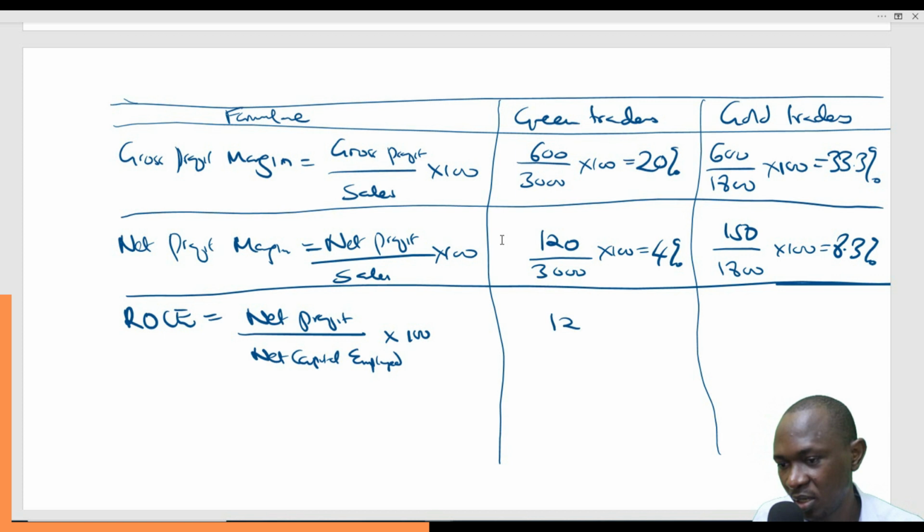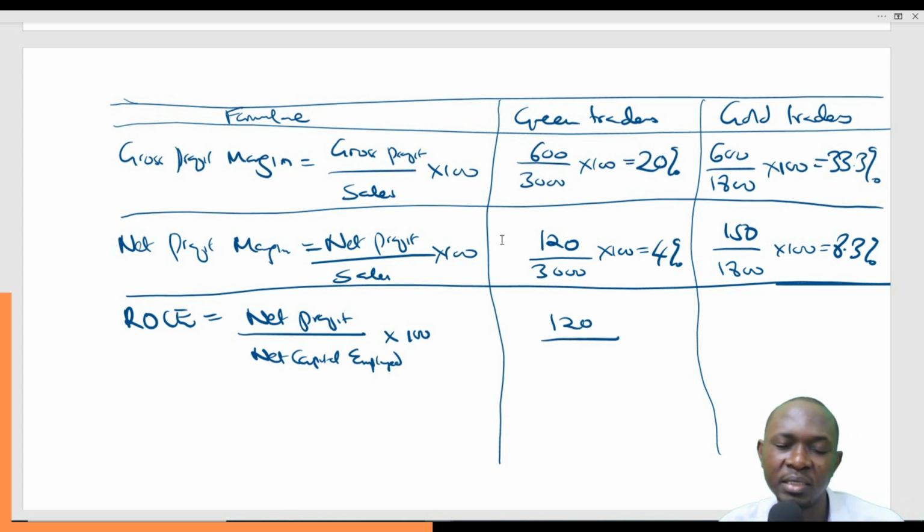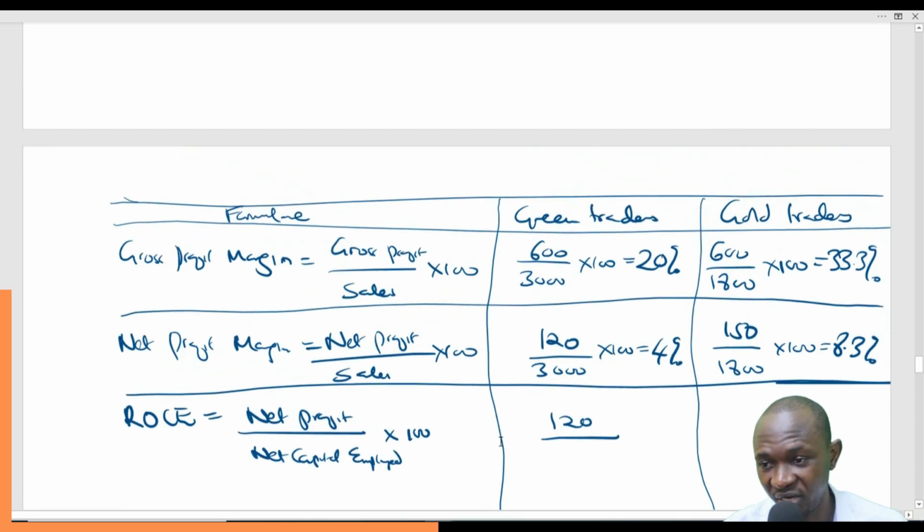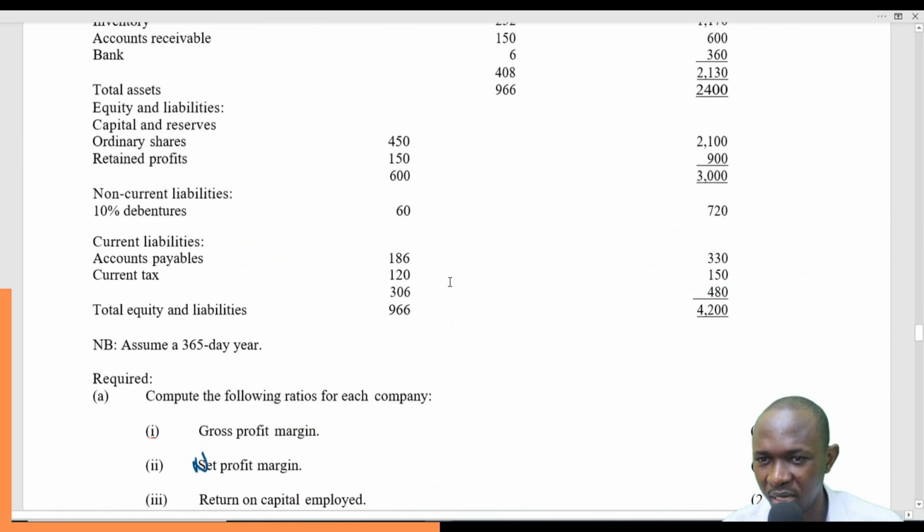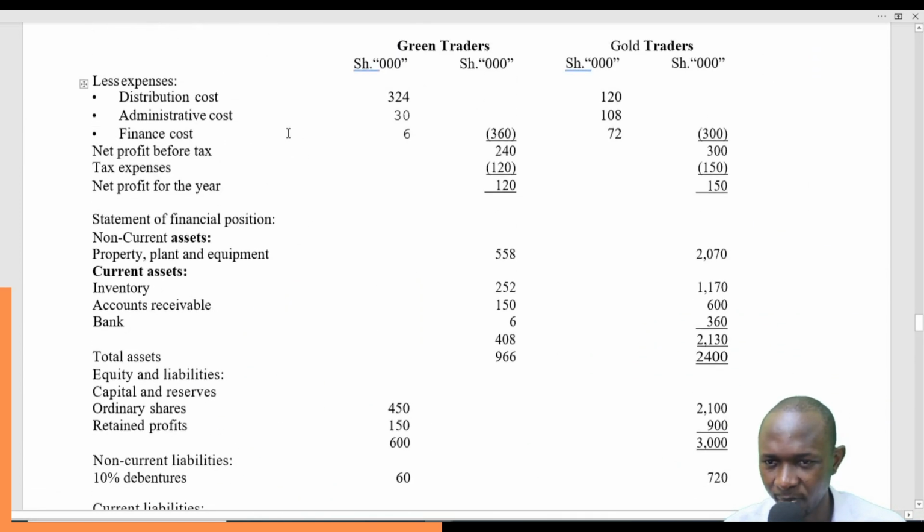So we already have the net profits here. Net capital employed, the formula is non-current assets plus current assets minus current liabilities, or the financed by section. So we'll simply come back here and take this.